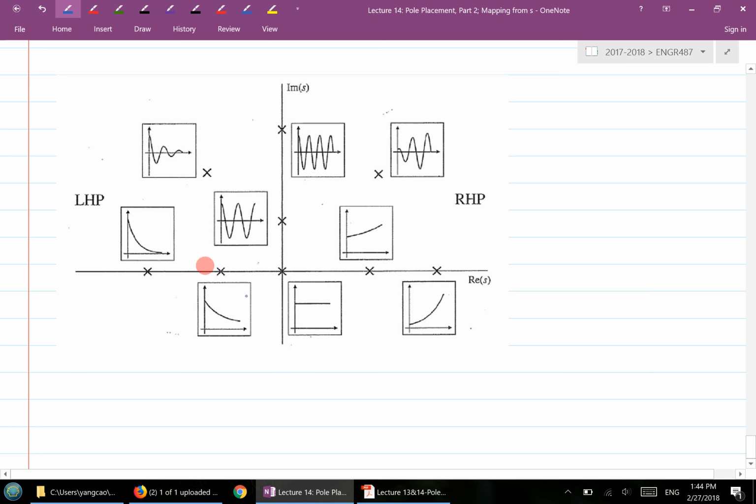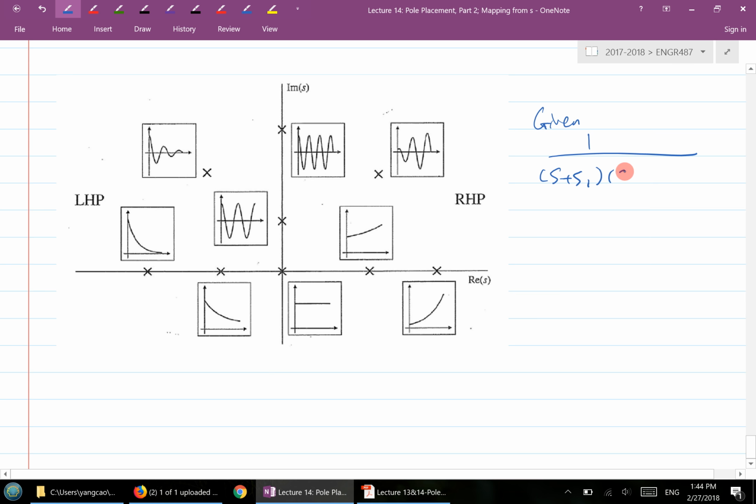So this is the S-plane. If you have a pole in the S-plane, for example, somewhere here, this is on the real axis, on the left side of the S-plane, right? Then that particular pole will yield a system response which is more or less an exponentially decaying response. What this really means is, for example, you're given a system transfer function. It's a very rough example.